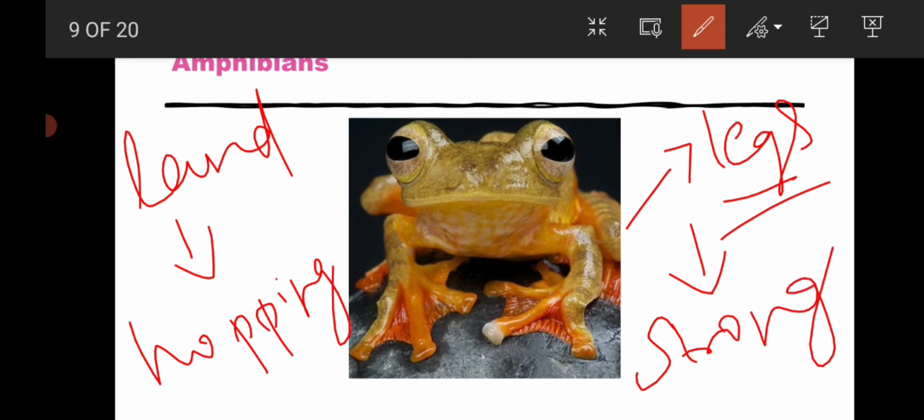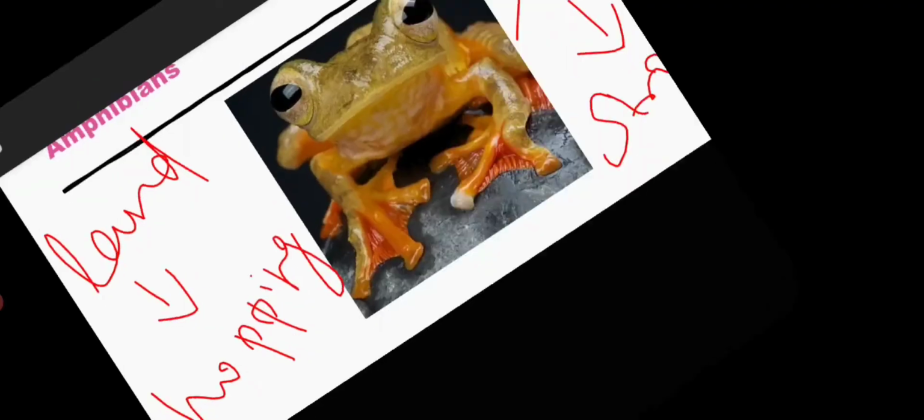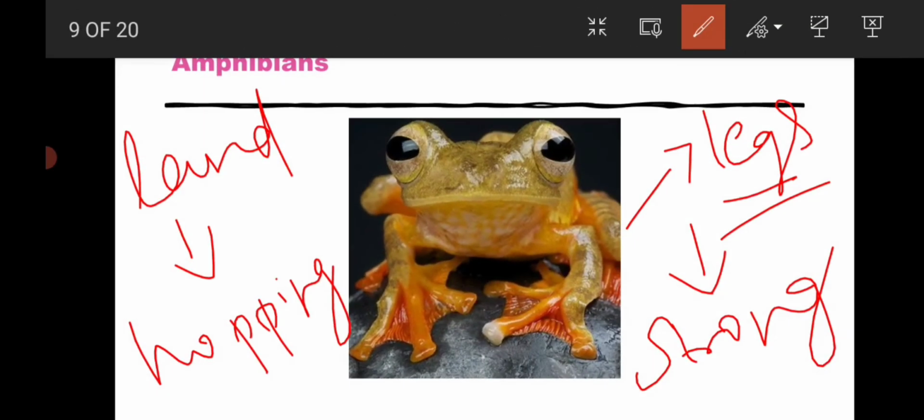So while in water, they use the four webbed feet for swimming, and while on land, they mainly use their back legs for hopping. You can see the front legs will be as such, and the frog uses its back legs to hop, because the back legs are stronger than the front legs.